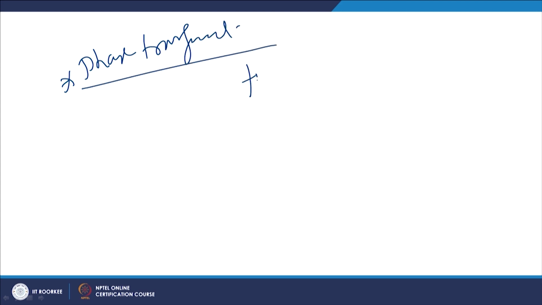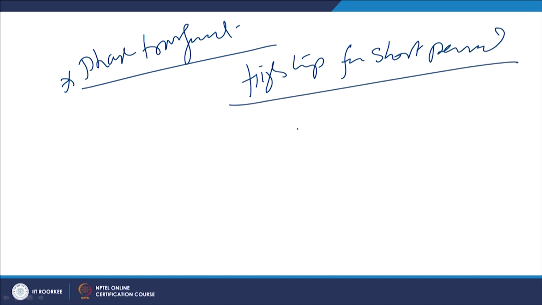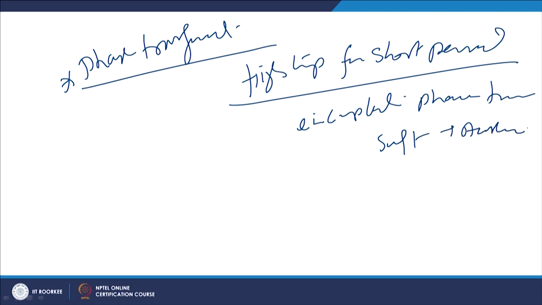High temperature for short period, this leads to the incomplete phase transformation from soft phases to the austenite, and then so whatever austenite is formed, it is inhomogeneous, like somewhere still the ferrite is present, or somewhere the high carbon austenite is present.